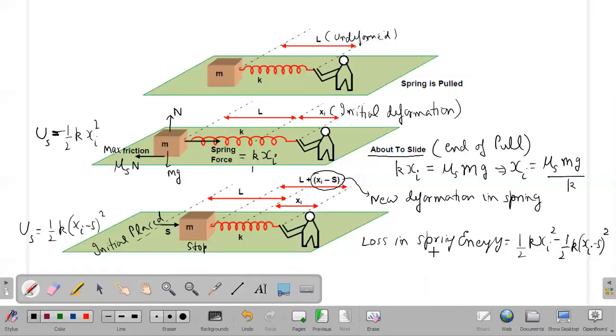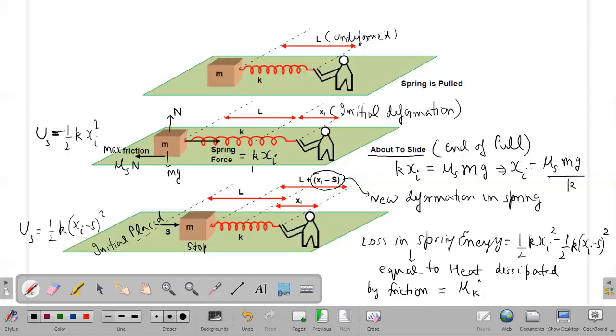So you can say that this loss of spring energy should be equal to the energy which is dissipated against friction. That is the heat dissipated by the friction force, and it will be equal to the mechanical work of the friction force, that is mu k. Notice that now we will use the coefficient of kinetic friction because the block is now sliding.